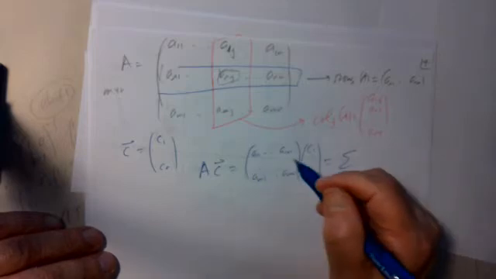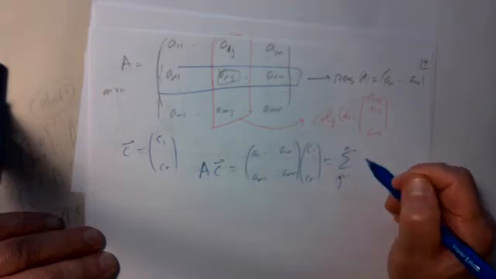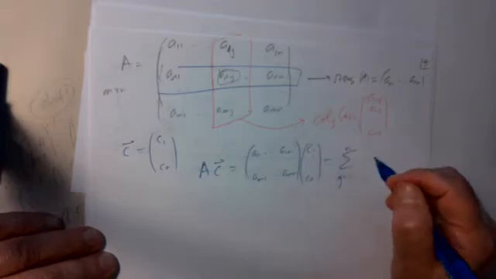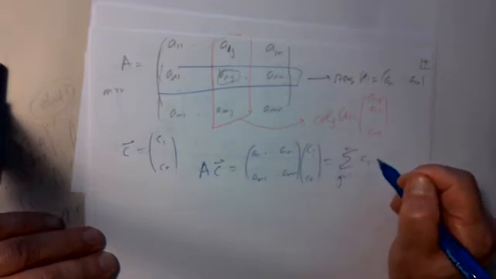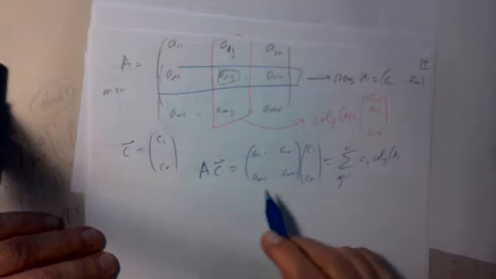Sorry, it's a linear combination of the columns of the matrix. Summation j goes from 1 up to n. For each of the j columns, c sub j times the jth column of the matrix.